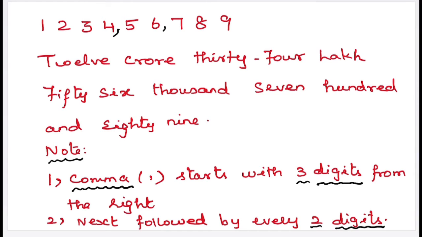Then again 2 digits before 2 and so on, till it ends with 2 digits, that is 12. So finally, we read this number as 12 crore 34 lakh 56,789.